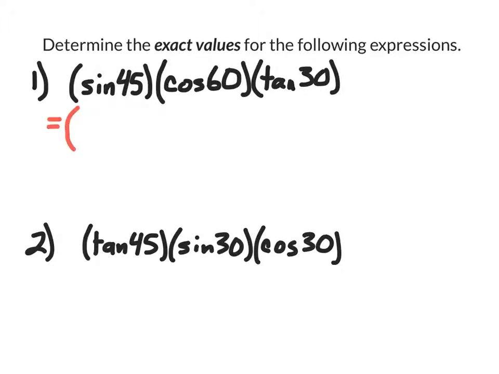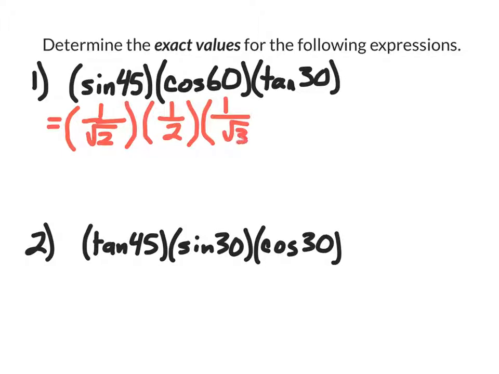I just figured out that the sine of 45 degrees is 1 over root 2. And I already know that the cosine of 60 degrees is 1 over 2. And the tangent of 30 degrees was 1 over root 3. So those are all exact values. If I multiply them together, I'll get my exact answer.